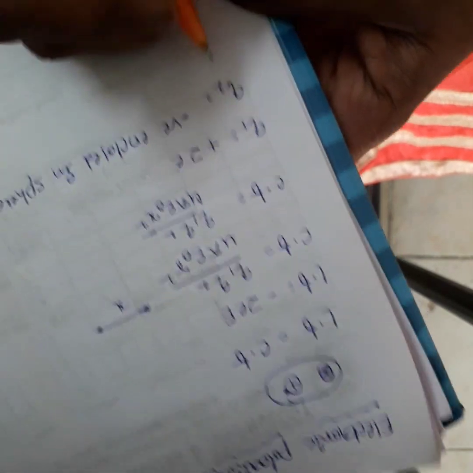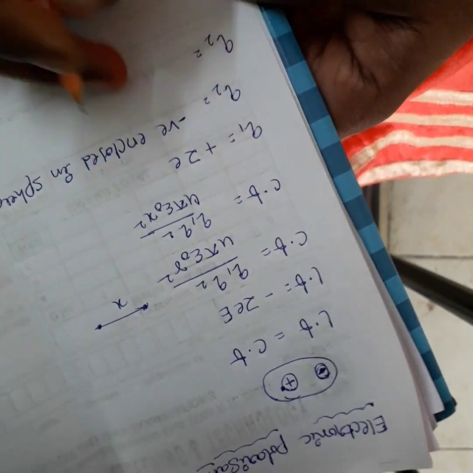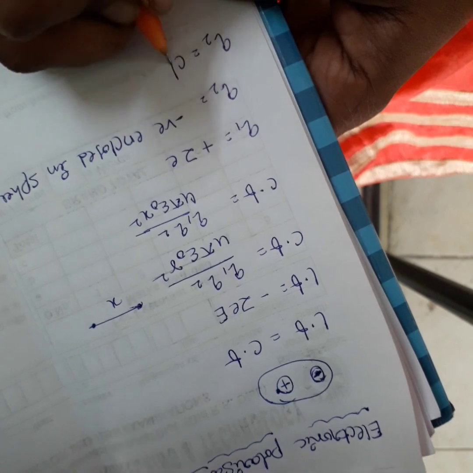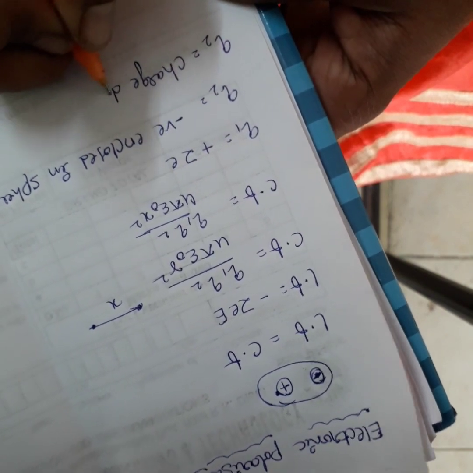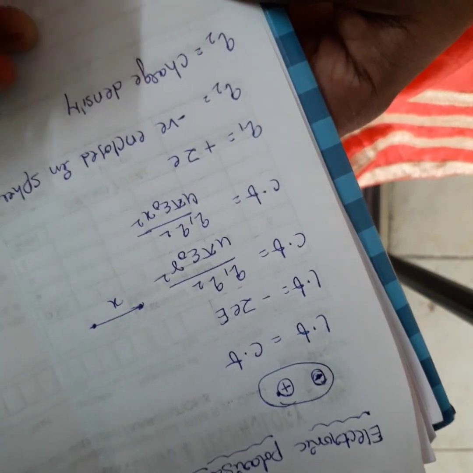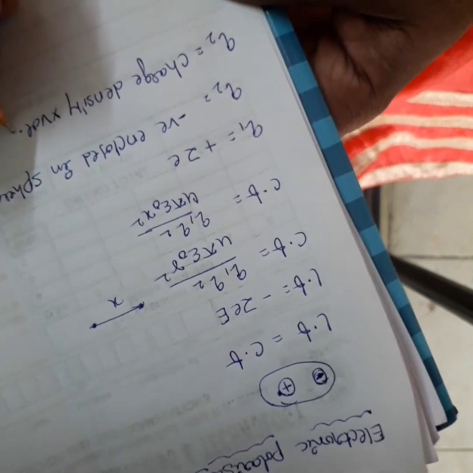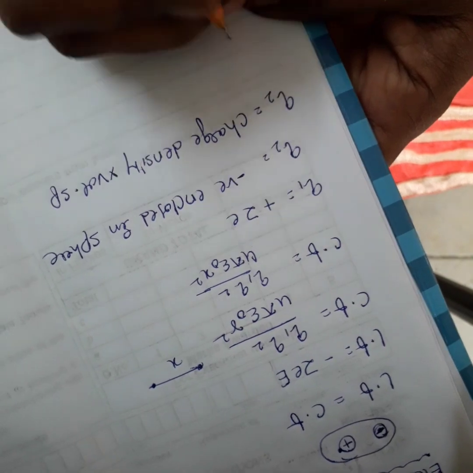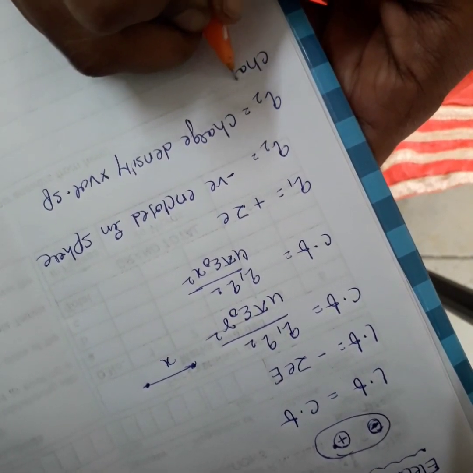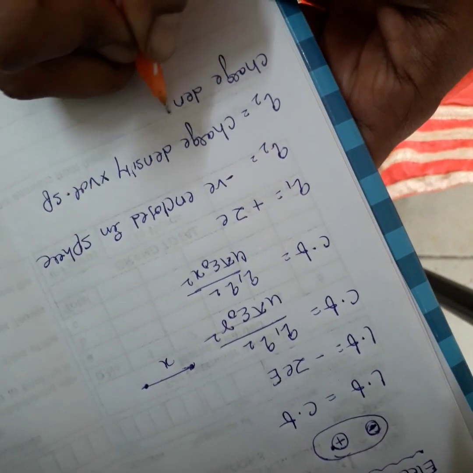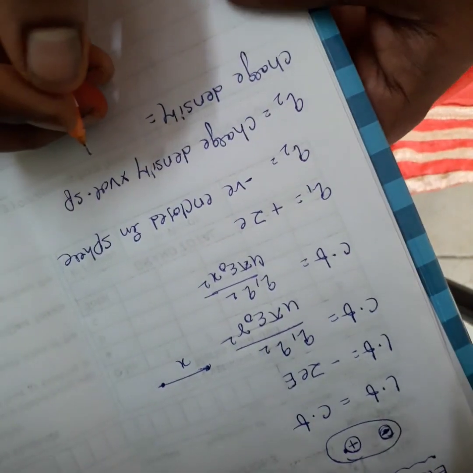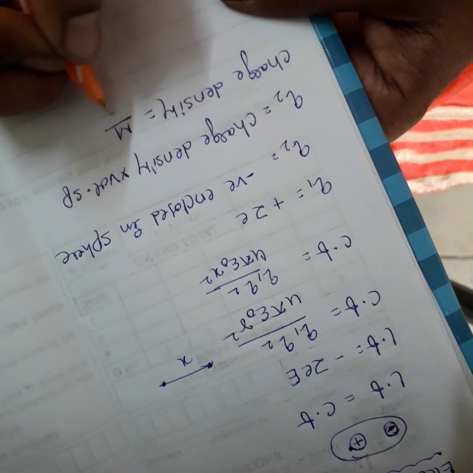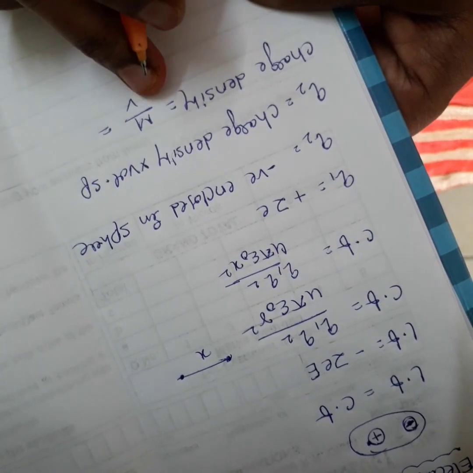Here the negative charge enclosed in the sphere is equal to charge density into volume of the sphere. Here charge density means mass by volume. Already we know that. What is the mass here?